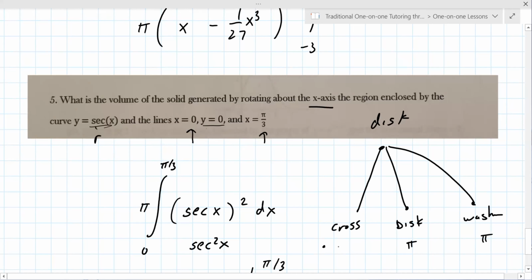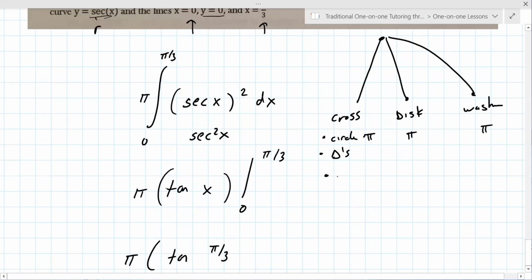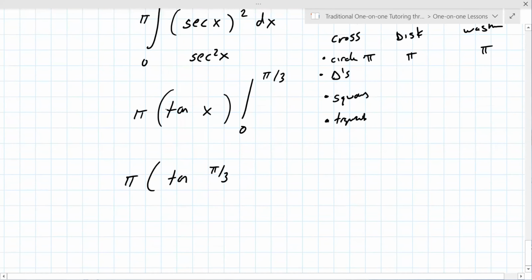The cross section, if it's a circle, has a pi, but the cross sections could be triangles, squares, or trapezoids in some weird scenario. Disks and washers are always going to have a pi. Gotcha.